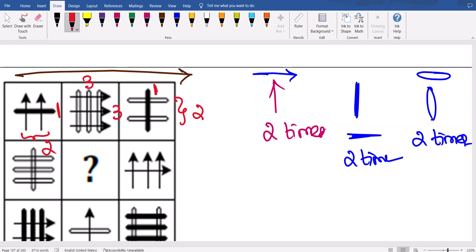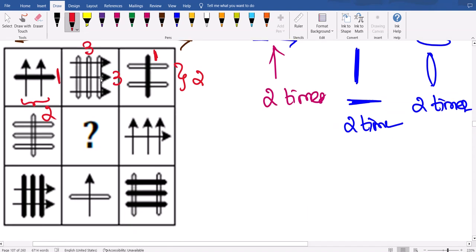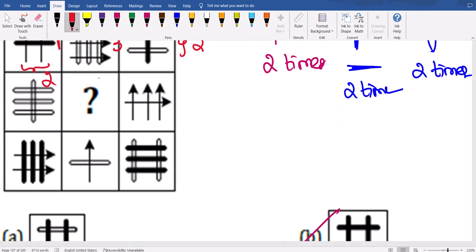So one quantity should come 2 times, 2 quantities should come 2 times, 3 quantities should come 2 times. You can check the third row also for your clarity. Here 2 times, here 2. This is 3, here also 3. Here 1, here 1. 1 came 2 times, 2 came 2 times, 3 came 2 times.